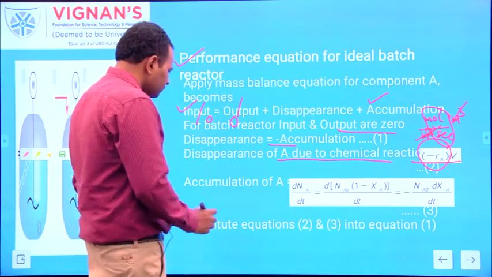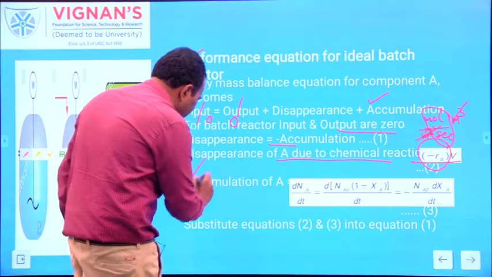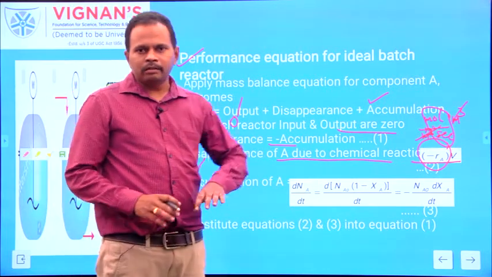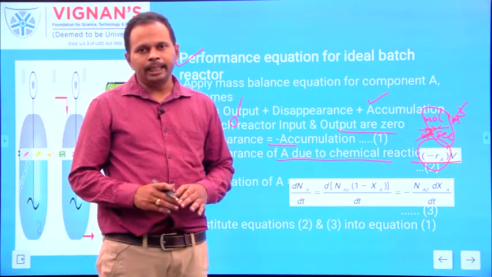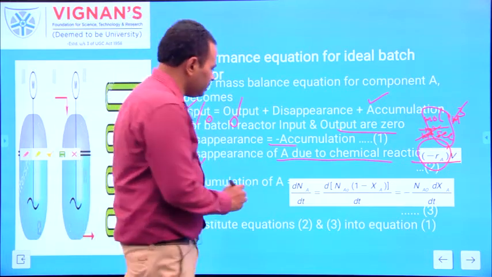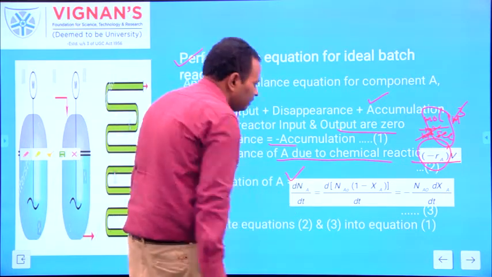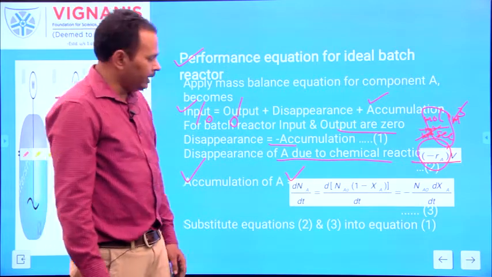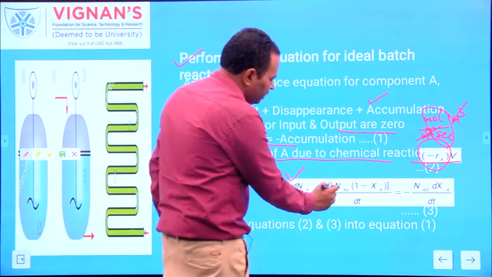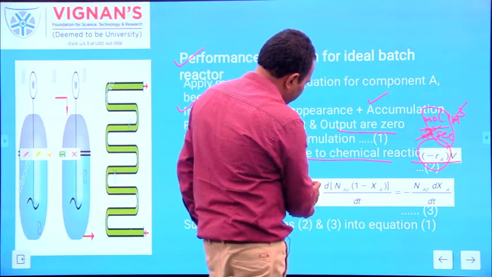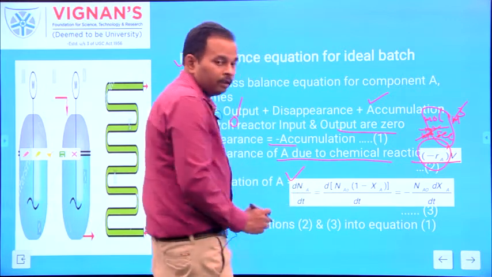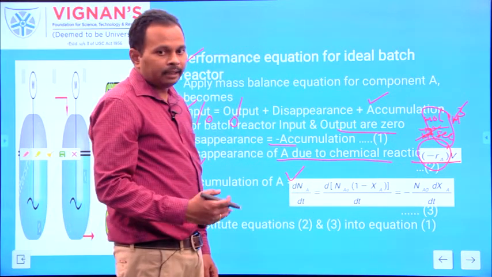Next one, the accumulation term. What is accumulation? The number of moles of A accumulated per unit time within the reactor. This can be written as dNA by dt. What is NA? NA is the number of moles of A left within the reactor after a certain time t.